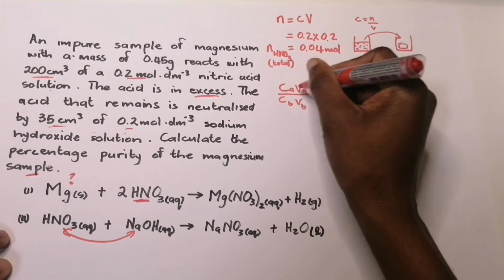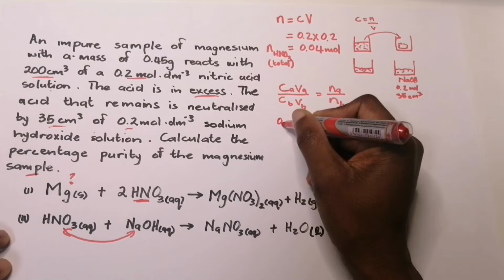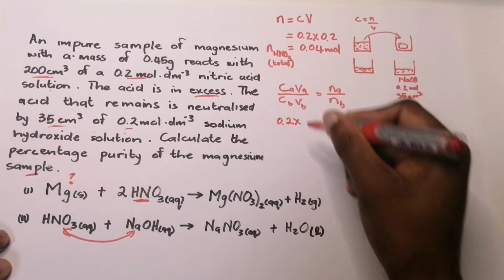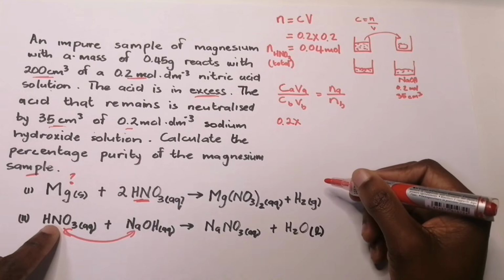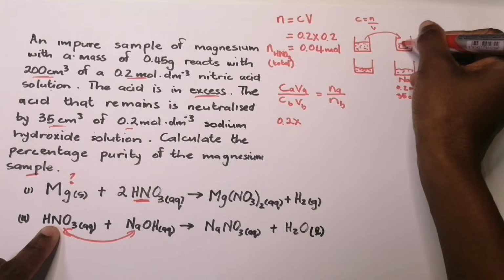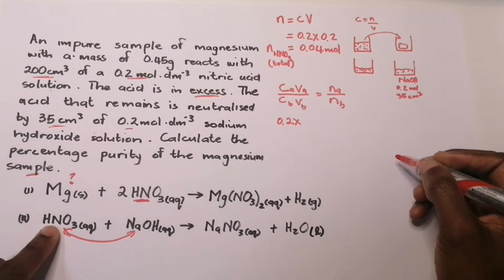So I'm going to just substitute there. The concentration of the acid is 0.2 multiplied by the volume of the acid. That's what I would not know. I don't know how much was left after it reacted with the magnesium, and as a result, I don't know how much of it reacted with the sodium hydroxide.